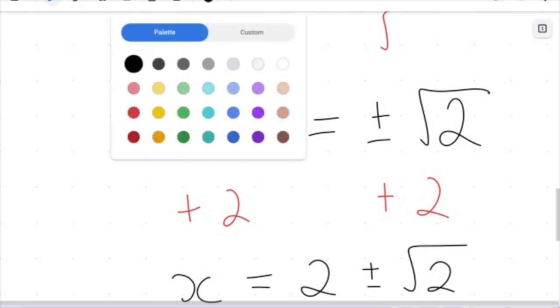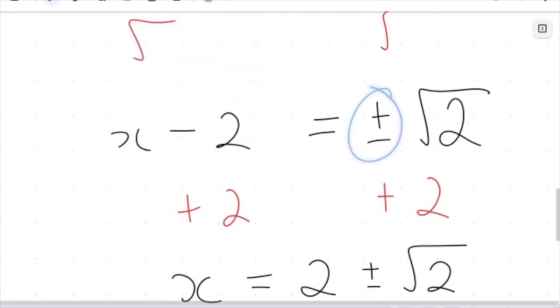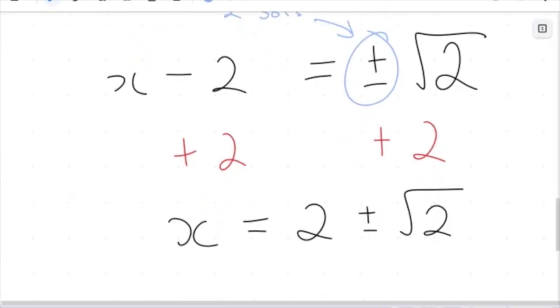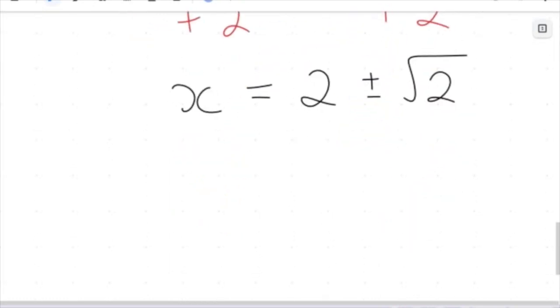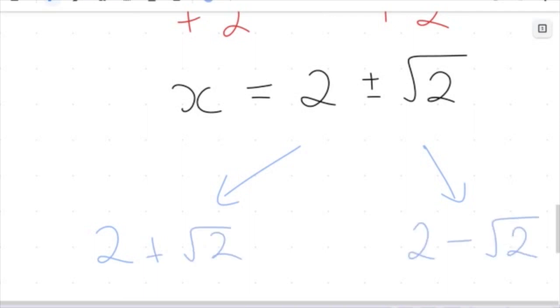This plus or minus means I have two different solutions. Here I have two solutions for x, because remember when we solve quadratic equations, usually, not always, we will get two solutions. So my solutions here are 2 plus root 2 and 2 minus root 2. These are my two solutions here.